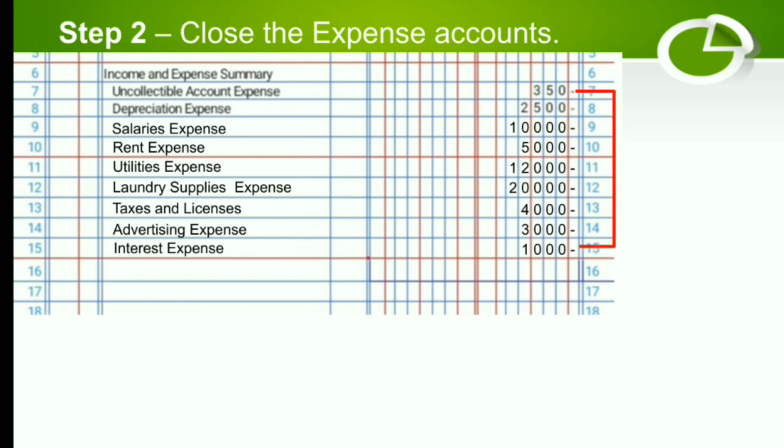So the total credit is 57,850 pesos. And this also means that the debit is also 57,850 pesos. Therefore, our debit is income and expense summary of 57,850 pesos, and this is to close expenses to the income and expense summary account.